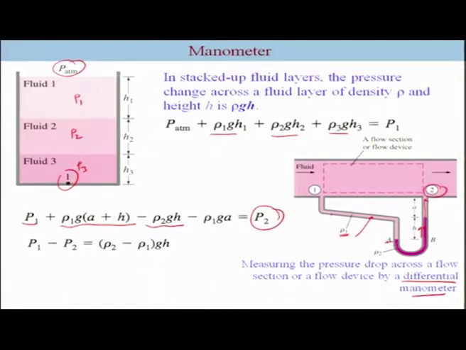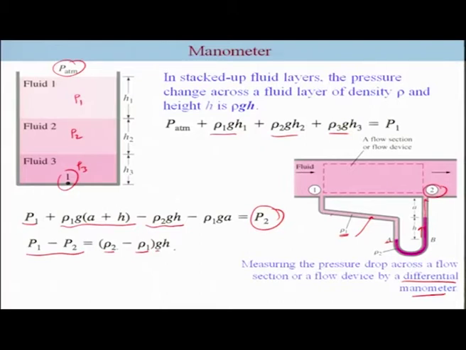So, if you readjust this term, we get P1 minus P2 is equal to (rho 2 minus rho 1) GH. That means the pressure drop from here to here is equal to the difference in the density of this fluid with respect to rho 2. So, rho 2 minus rho 1. Rho 2 is usually going to be much larger than rho 1.